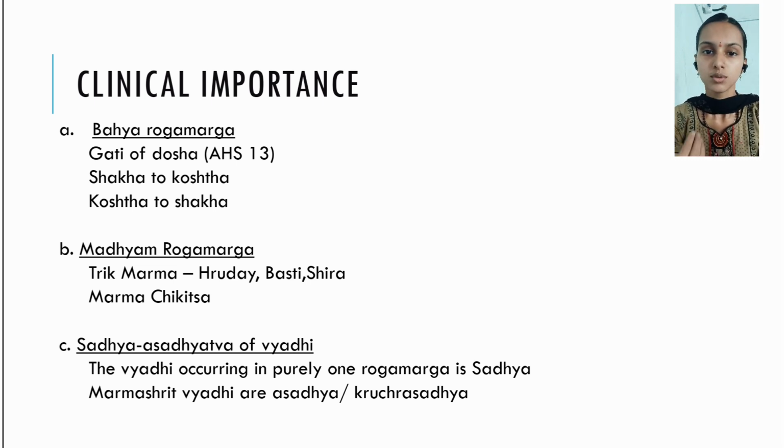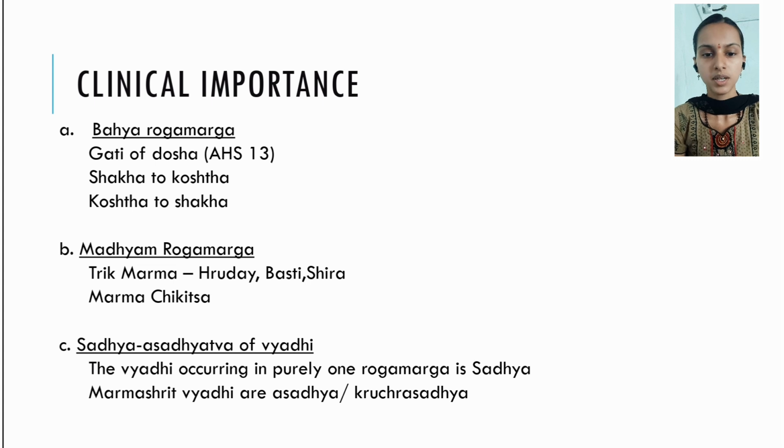So when the doshas leave their original places, they cause Vyadhi. For learning much more about the Gati of the dosha, you can study the Ashtanga Hridaya Sutrasthana 13th chapter. They have given the title there, Gati of dosha, Koshtha to Shakha, Shakha to Koshtha.